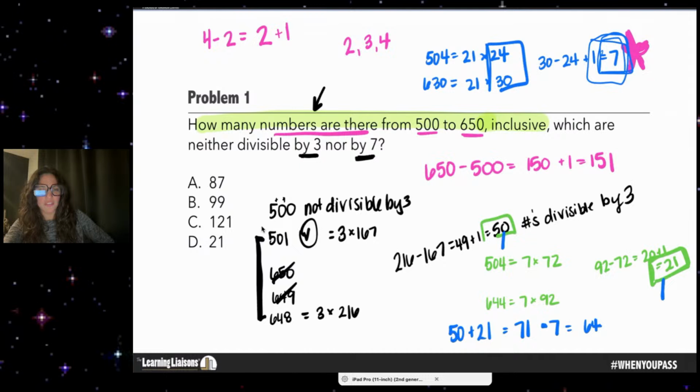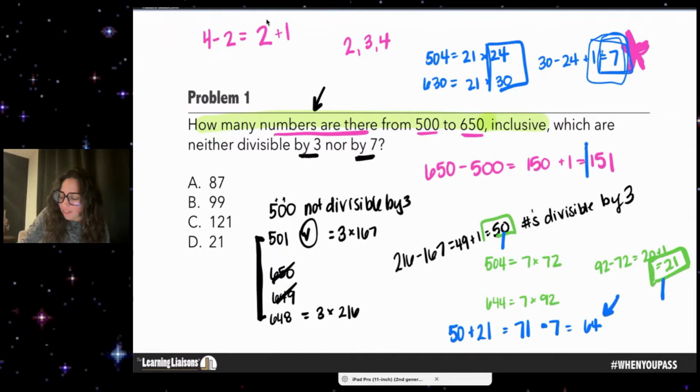So now I'm trying to figure out why I got this. I'm like, why am I not getting the right answer? Here's why. Because this is the number of numbers that are divisible by 3 or 7.